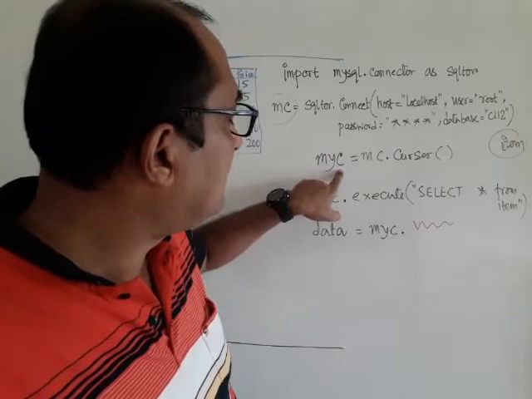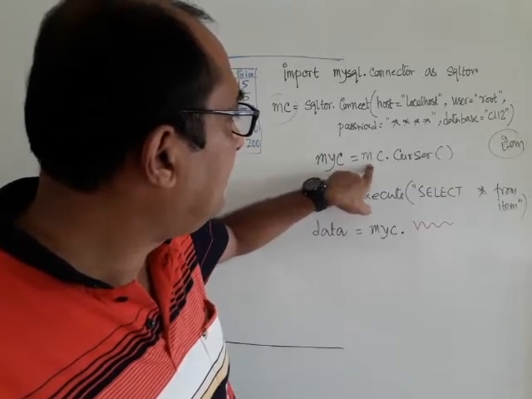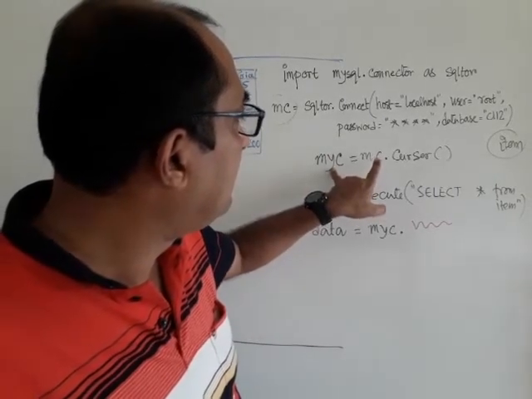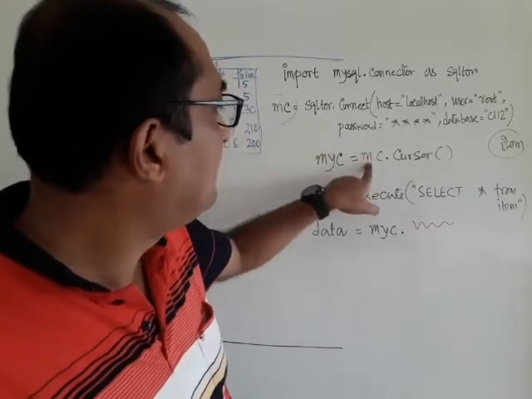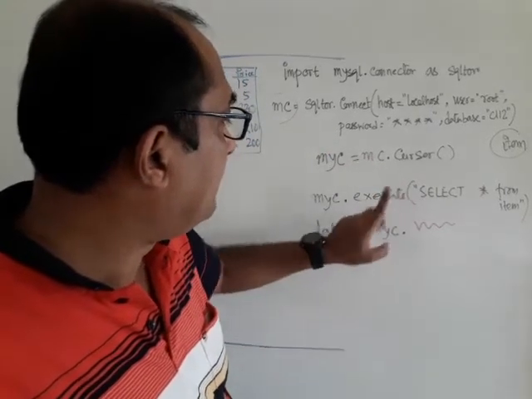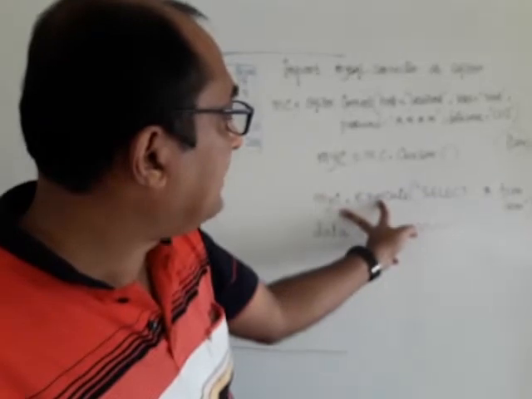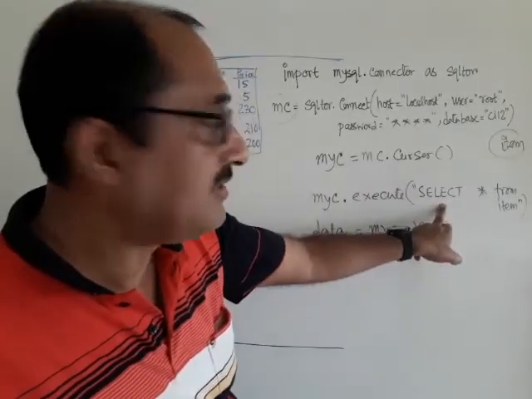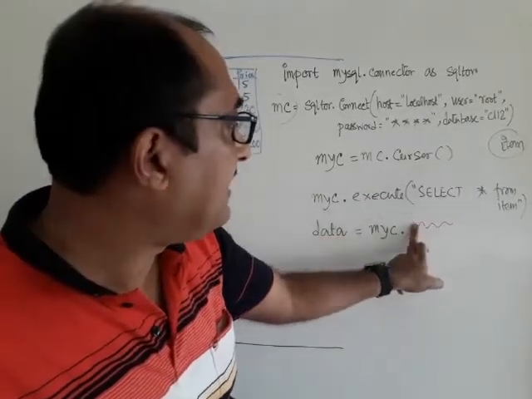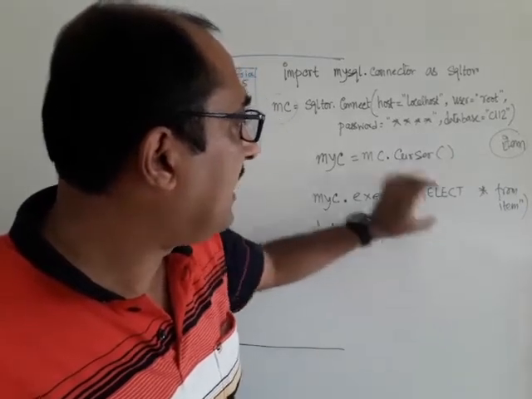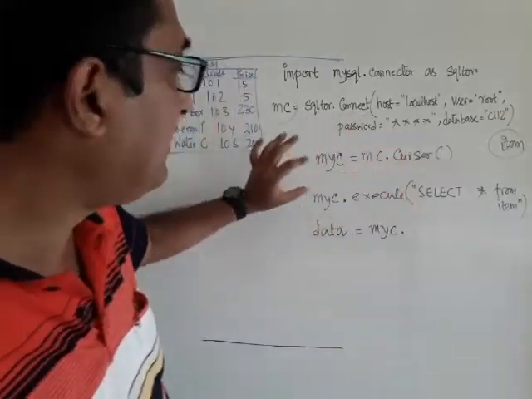MyC is a cursor object. Note that very carefully. Here is the connection between the cursor object and the connection object. Then I executed one SQL command, which I showed you in the previous video, and after execution I got the entire result set in my cursor object.